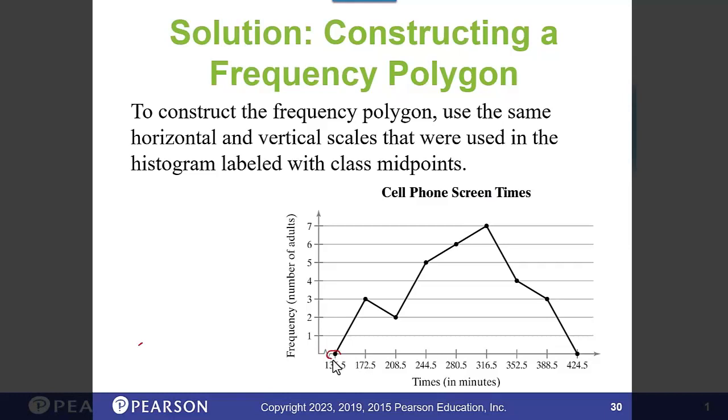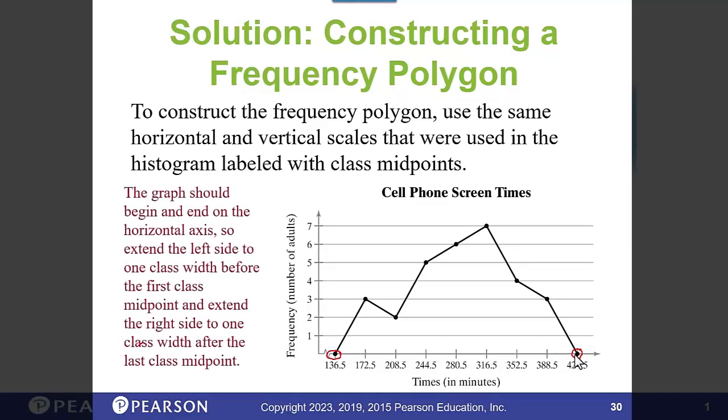Here's the starting point, just to the left of the first bar, and this 0 to the right of the rightmost bar. Remember, start on 0 for the first point, go up to the first midpoint, second, and so on, and finish up at the bottom. And you've got your frequency polygon.